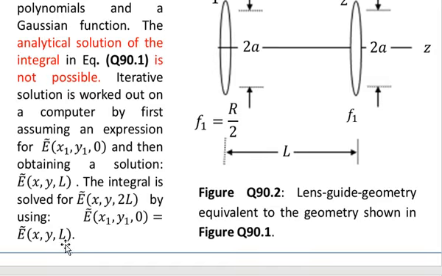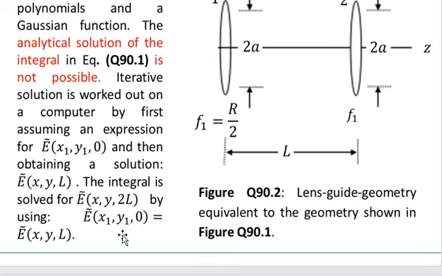So first of all you will use E prime of x1 y1 0 as the input in the integral, and then you will solve the integral iteratively for the value of E prime of x comma y comma L, and then you will use this as an input to the integral, and then you will solve the integral for the next value, which will be E prime of x comma y comma 2L.